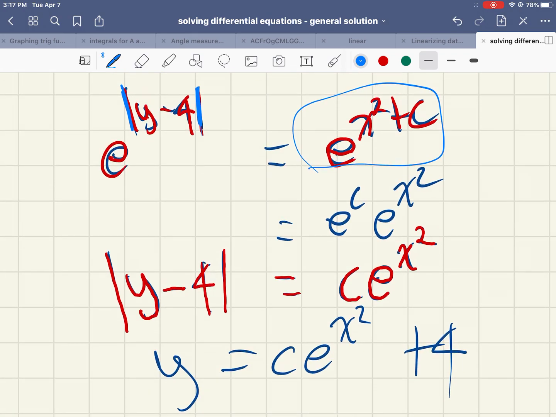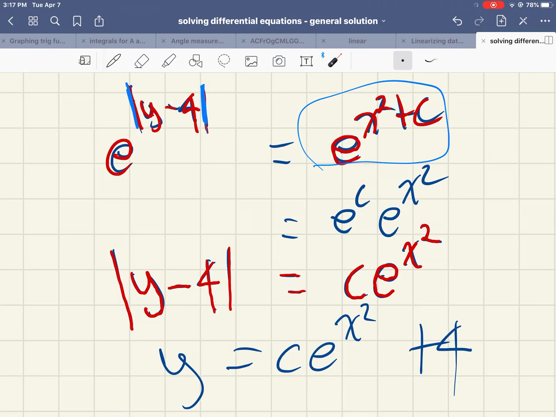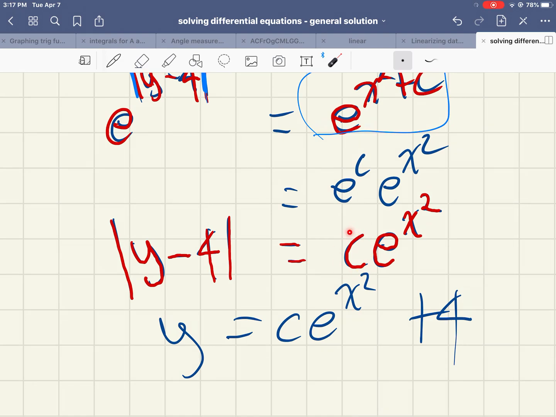And then I'm going to change the order here of this. And it's going to become e to the c times e to the x squared. E to the c is just like e squared, e to the 5, e to the 10. It's just a constant. So I write c. And then I have multiplied by e to the x squared.